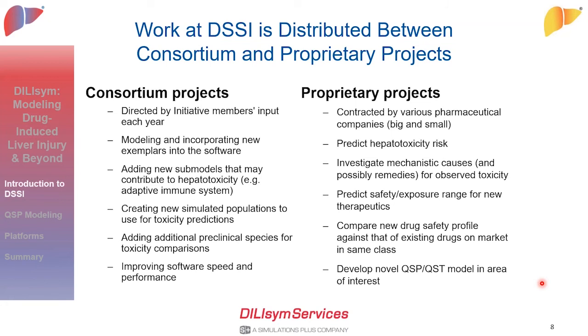So I already mentioned the adaptive immune system. We've added other submodels recently, some that have to do with the bile acid submodel or related to that model, so that we're expanding aspects of DILIsym. And then also we incorporate variability into the model, and there are simulated populations that we are considering and working to add to assess different population variability.